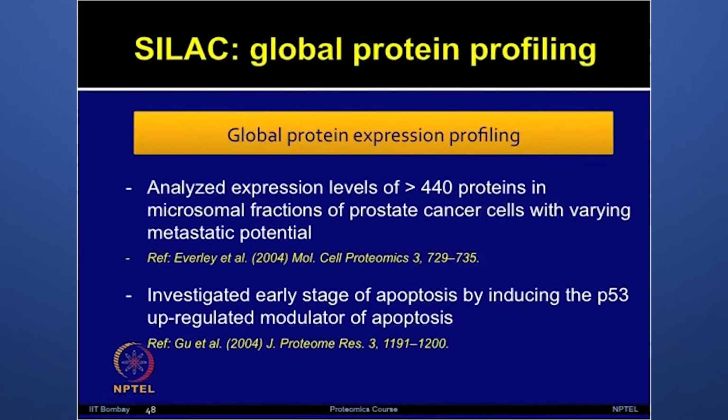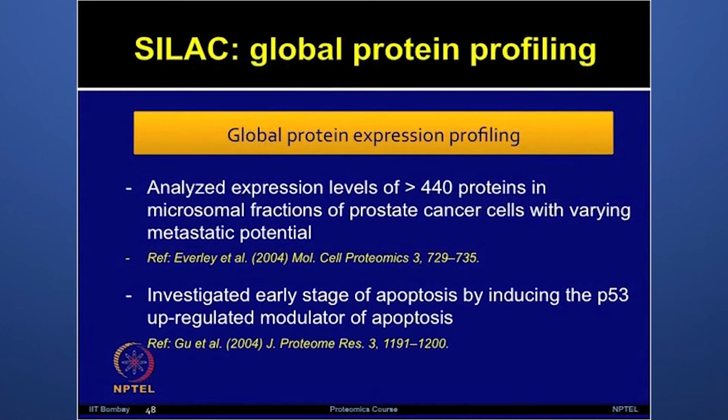There are numerous studies based on the global protein expression profiling using the SILAC method. I am just highlighting some of the very early studies which set up the path for performing this protein expression profiling.